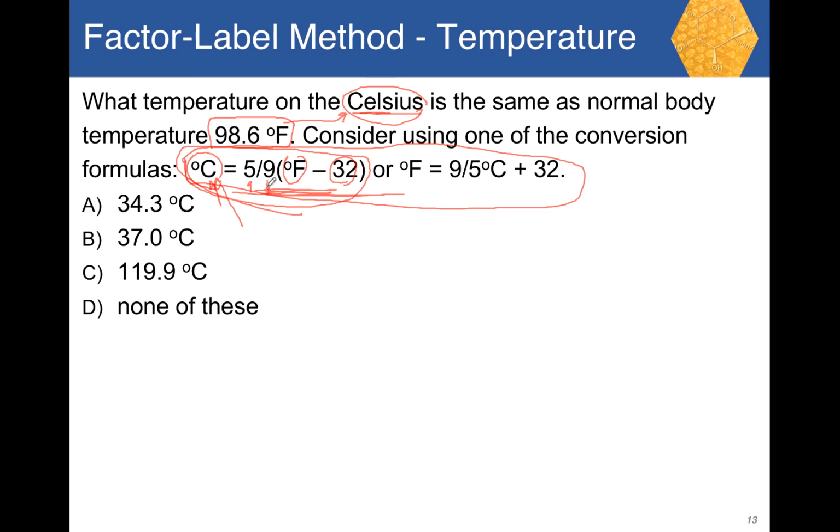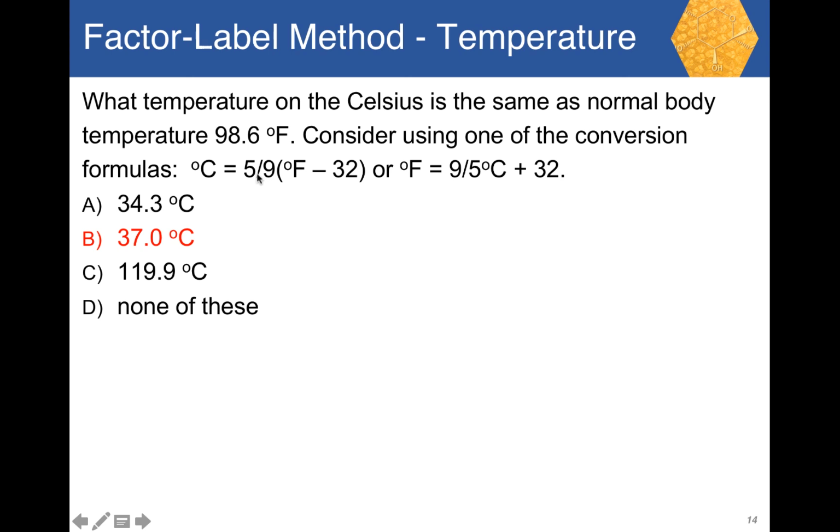The next slide has the answer, but I want you to calculate it first before I show you the answer. So pause the video again and do the calculations. Get your calculator and see if you get any that matches any of these here.